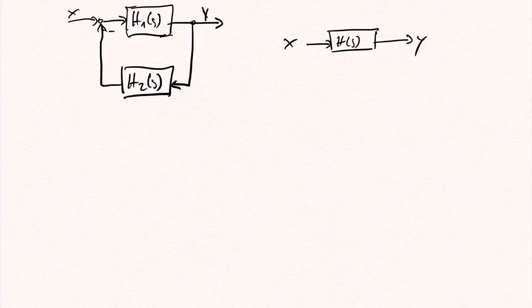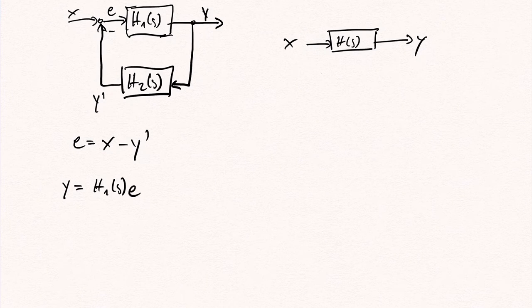To derive this expression, we first denote the output of system h2 with y dash and the input to system h1 by e, where e is given by x minus y dash. Then we know that y is equal to h1 of s times e, which is equal to h1 of s times x minus y dash.